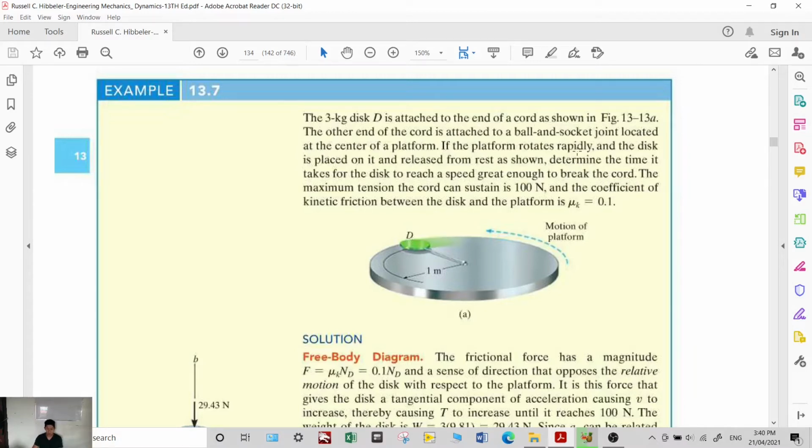If the platform rotates rapidly, the disc is placed on it and released from rest. Determine the time it takes for the disc to reach a speed great enough to break the cord. The maximum tension the cord can sustain is 100 newtons, and the coefficient of kinetic friction between the disc and the platform is 0.1.